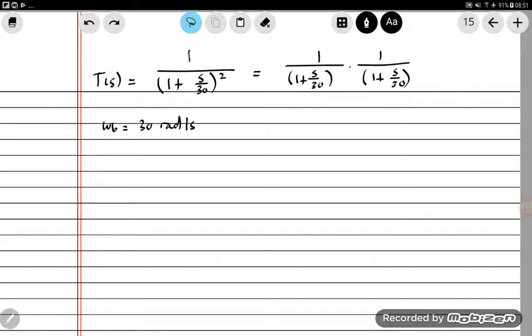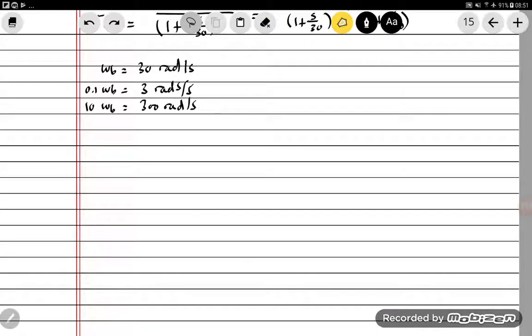A tenth of the break frequency is 3 radians per second, and 10 times the break frequency is 300 radians per second. Now we can draw the magnitude and phase plots.